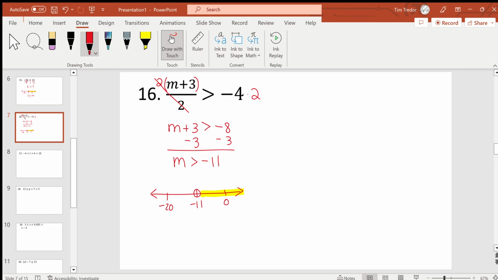For interval notation, we're going to read the number line from left to right, and my solutions are going to start at negative 11, and they're going to go on forever. Since we're not including negative 11, the circle is not closed. It's a parentheses, and the same goes for the infinity symbol.